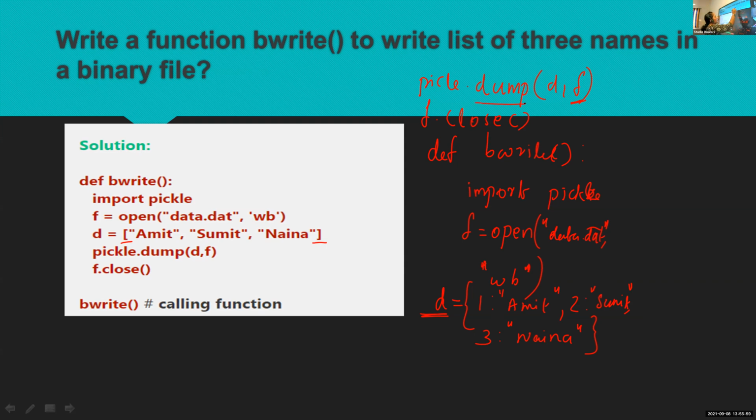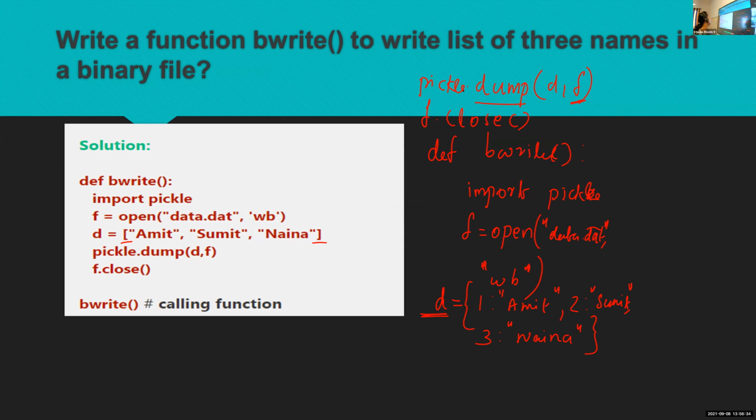So pickle dot dump d comma f. The content of d is copied to f. Then after that writing statement, you close the file, f dot close. Is it clear, children?